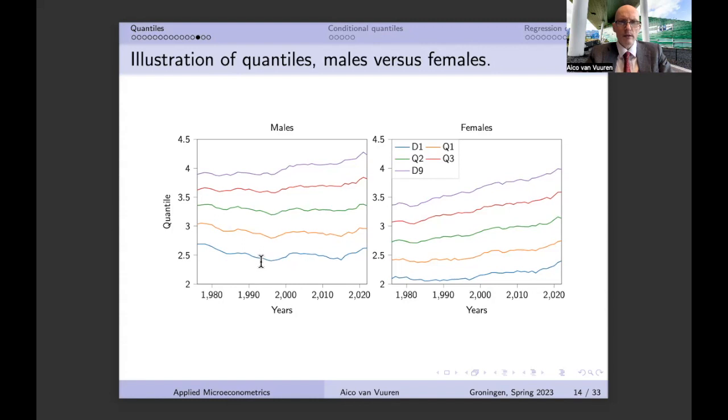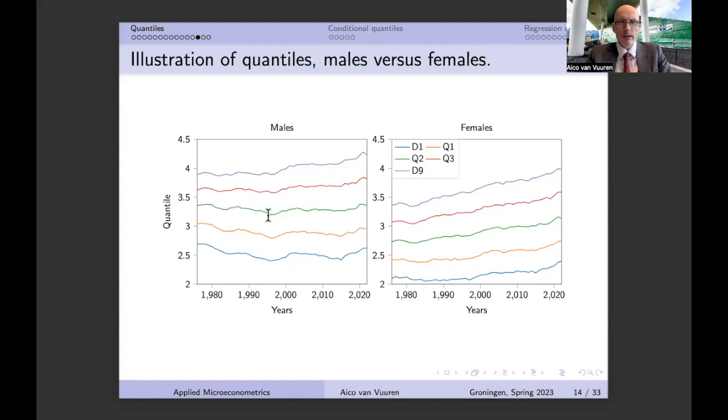We do not only see this with respect to the first decile, we also see this with respect to the first quartile. Even when we look at the median, you should realize that there's hardly any increase, and there are big decreases over time. If we compare 1976 to the mid-90s, then we also see that even for men at the median, there was a big decrease in real wages.